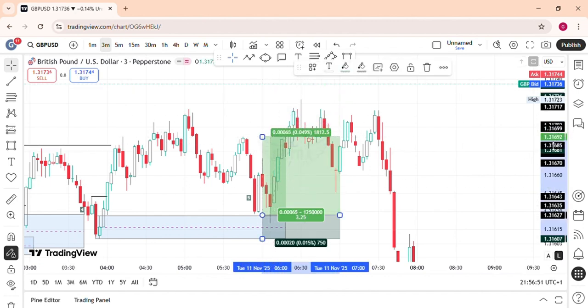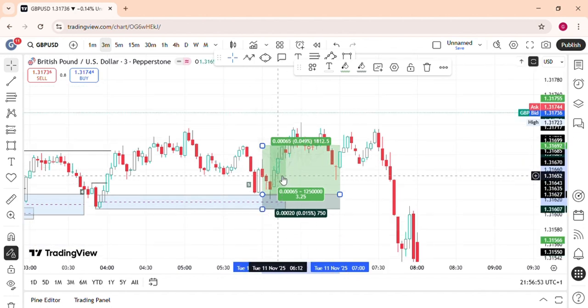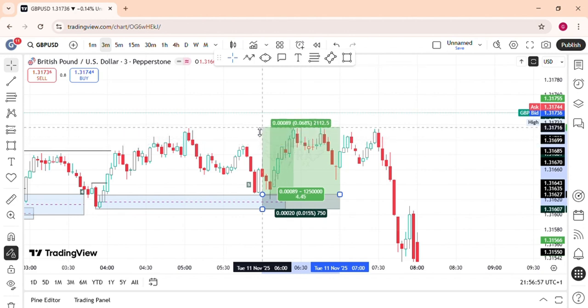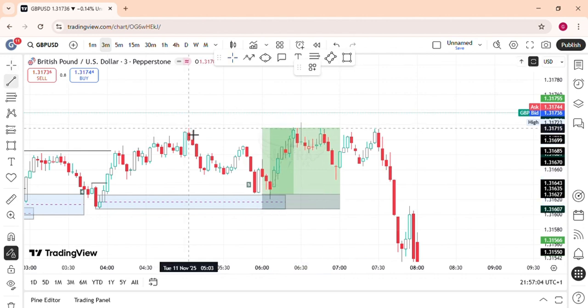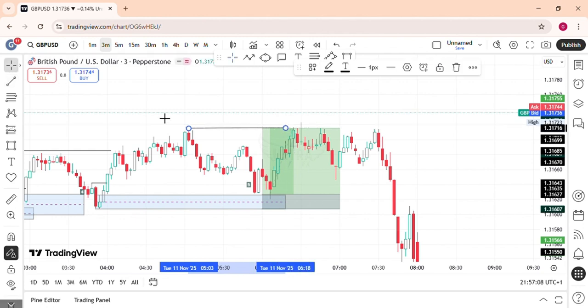It's a risk to reward of 3.25 for this first high. You can also use the swing high here, giving you a 4.4 risk to reward ratio for this high right here. So that was our trade number 5, and it was a bullish trade.